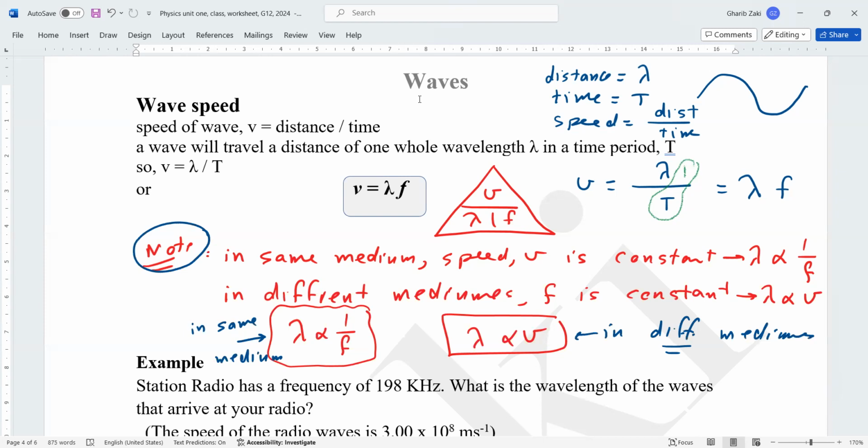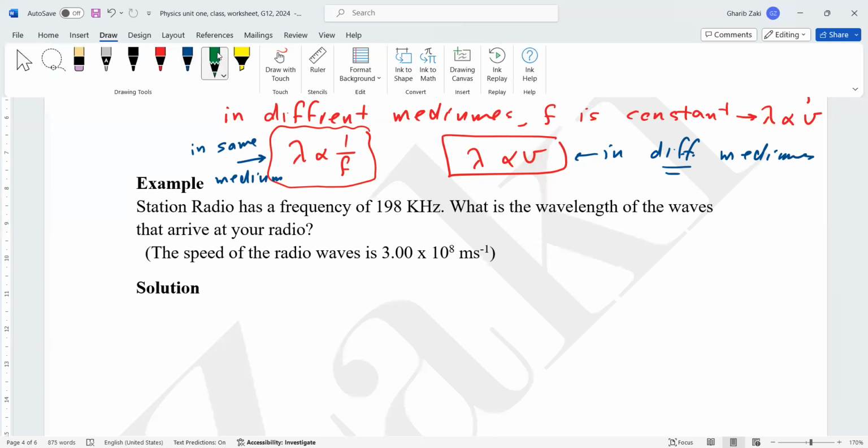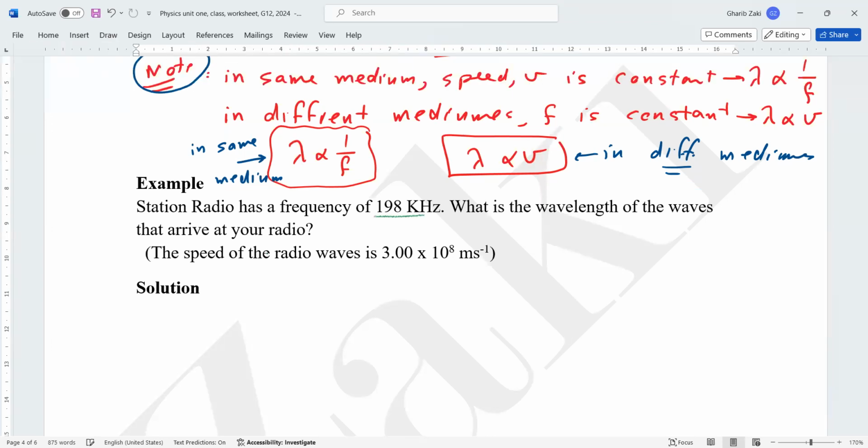Now, ready? Please, now we solve this example together. Read the example, and then we start to solve together. A radio station has a frequency of 198 kilohertz. So we have to convert it to hertz. From kilohertz to hertz, multiply by 10 to the power 3.